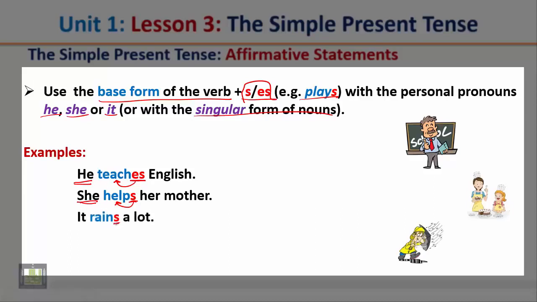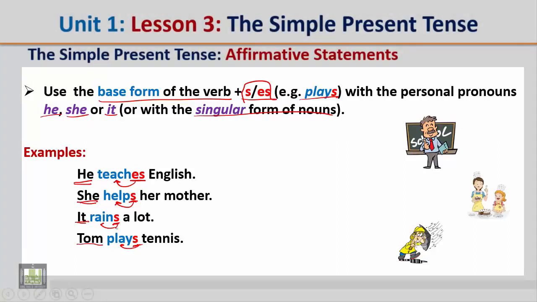We add s to the verb because the subject is it. Tom plays tennis. Also here we add s to the verb because the subject is a singular noun, Tom.